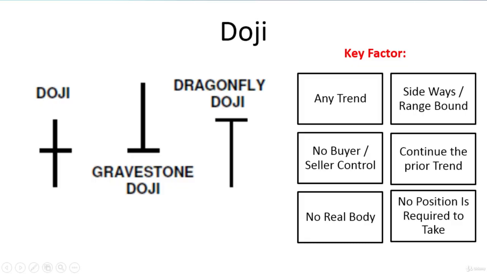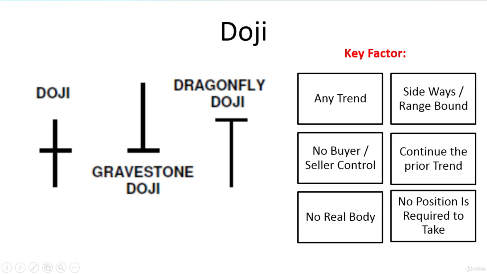After discussing the 2 reversal patterns, hammer and shooting star, now we discuss a single candlestick pattern which is a continuation pattern, called the doji. As shown on your screen, the picture shows a cross symbol, a gravestone doji, or a dragonfly doji.